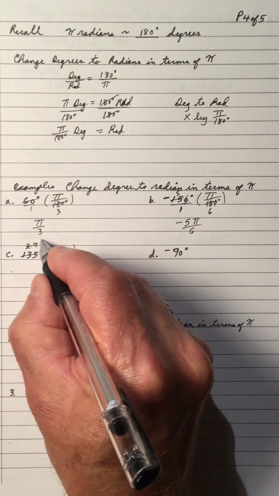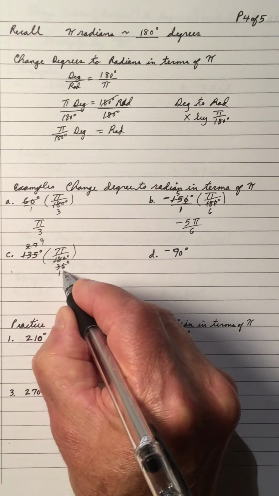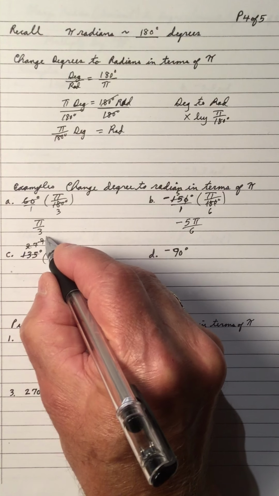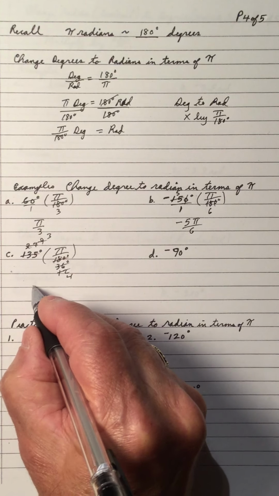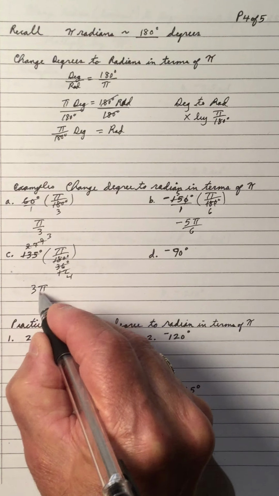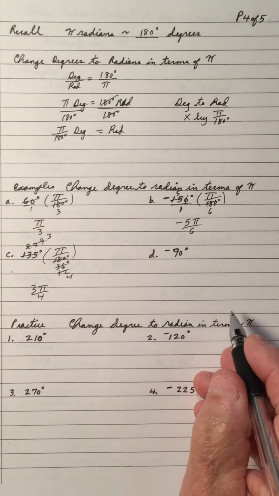And 3 into 27 goes 9. 3 into 36 goes 12. 3 into 9 goes 3. 3 into 12 goes 4. So I broke it right down to give 3 pi over 4.